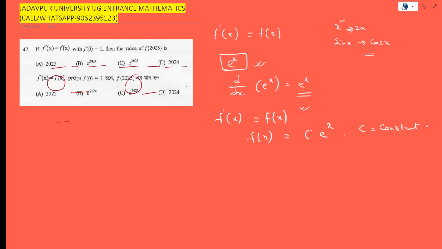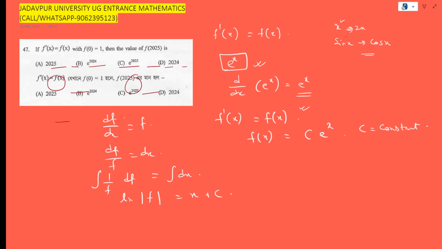All right. Now, let's derive it smoothly. We know df/dx is f, or rearrange, 1/f df is equal to dx. Now integrate both the sides. 1/f df is the integration of dx. So we get natural log of f is x plus c.